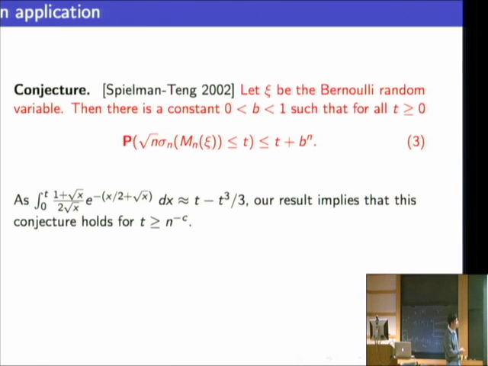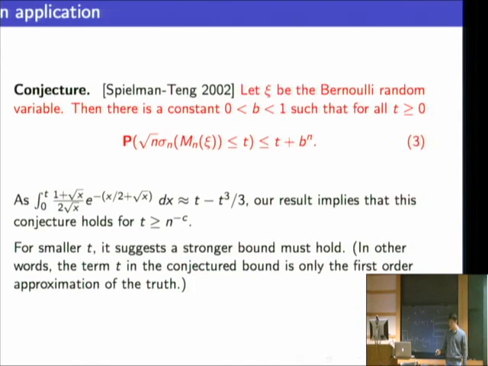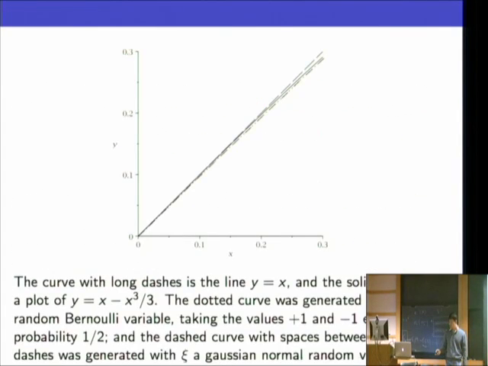This is something that the computer fools you. It's not the truth. And here is why. If you take these three lines, they more or less cannot be separated, but one of them is y equal to x, one of them is y equal to x minus x cubed over 3.